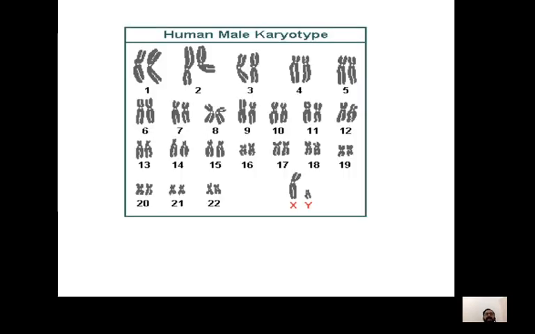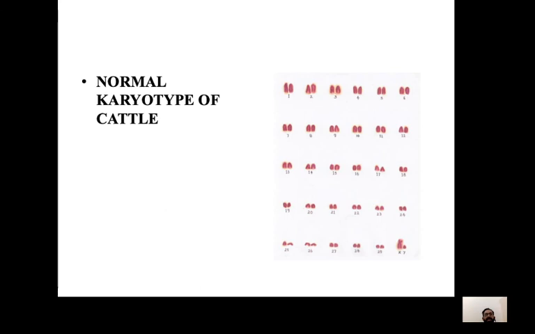This is the arranged form from chromosome 1 to 22 and chromosome X and Y. Here is the normal karyotype of the cattle. I told you there are 30 pairs including the sex chromosomes.